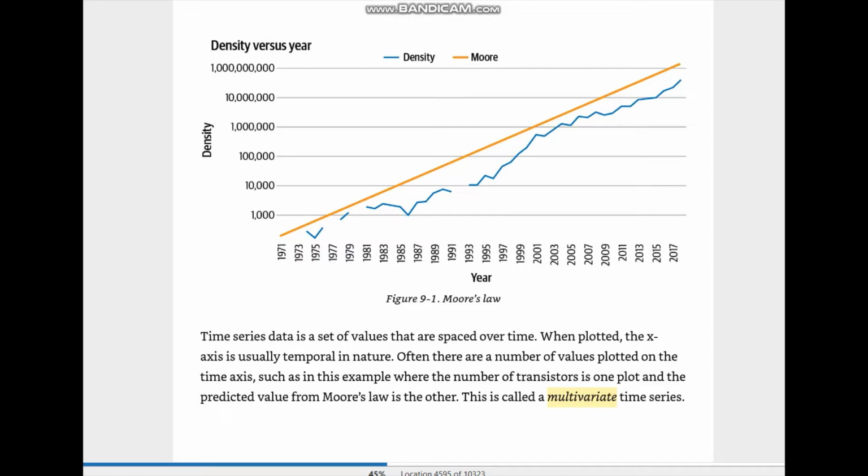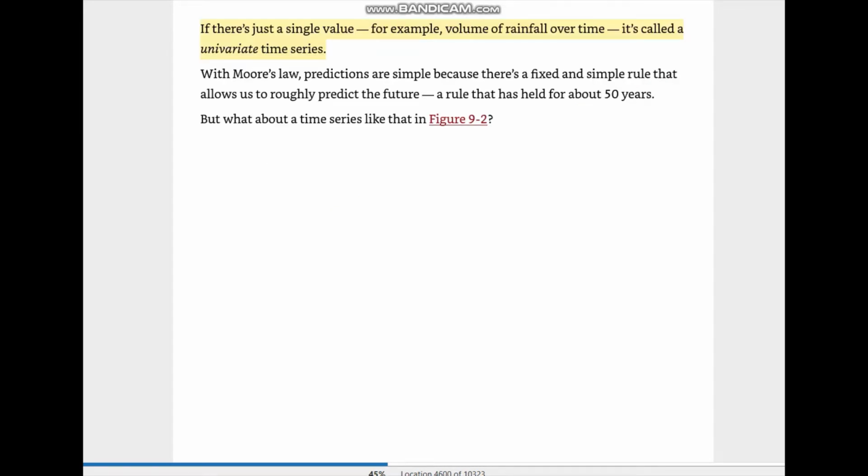So you can say that the number of transistors is the density and the predictive value for Moore's law is the years, right? This is called a multivariate time series. If there's a single value, for example, volume of rainfall over time, it's called univariate. So single value univariate, multiple values multivariate.